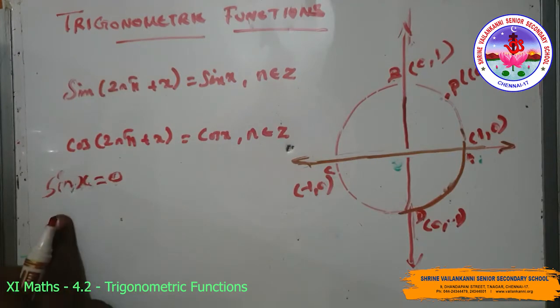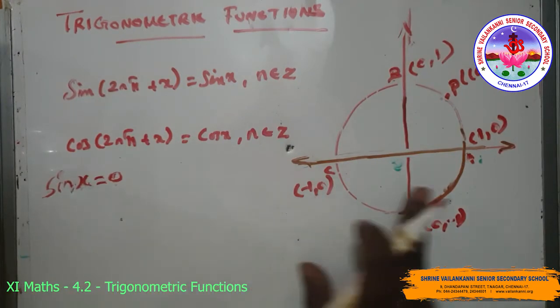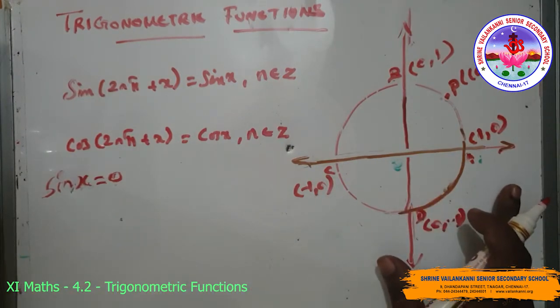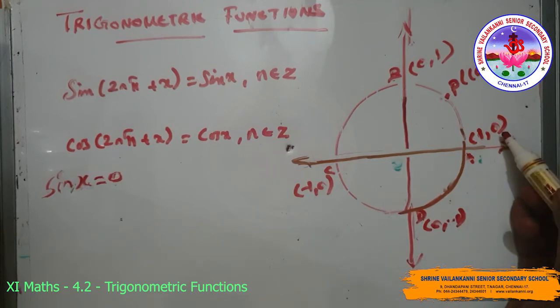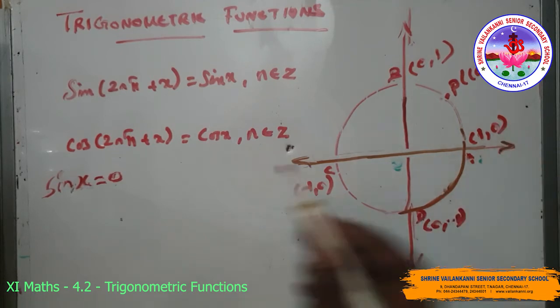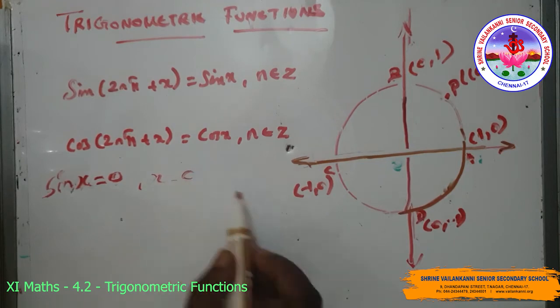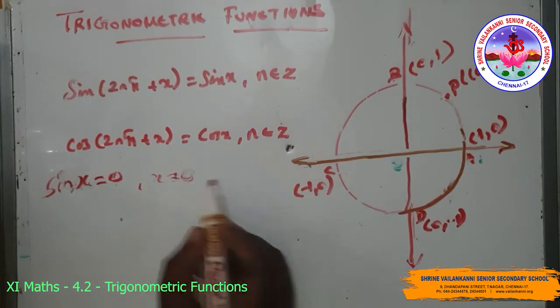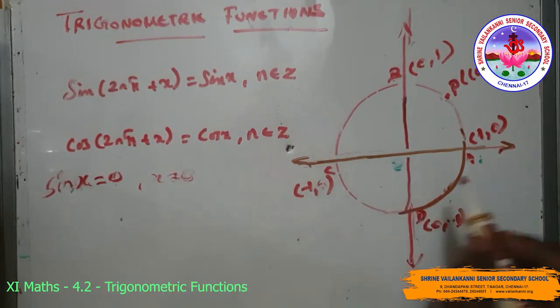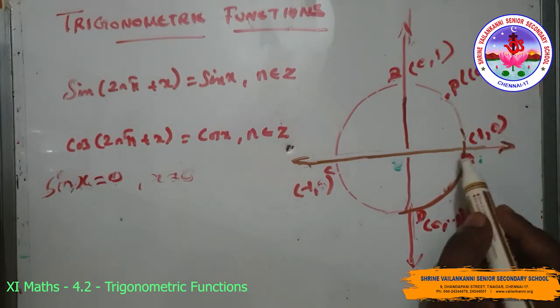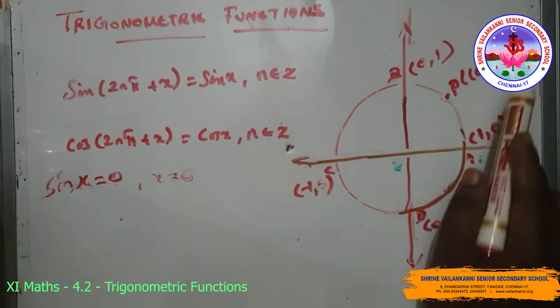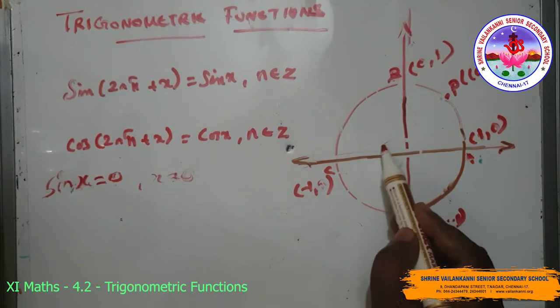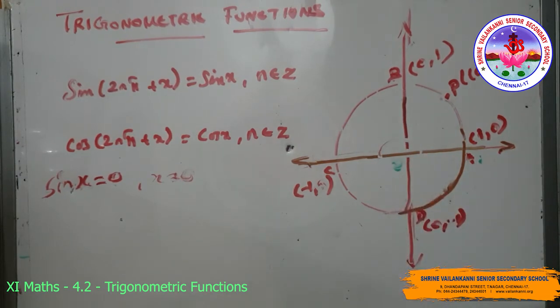So now sin x is 0. Wherever sin x is 0, we have to find x. When x is equal to 0, and when x is equal to pi, the coordinates are cos x and sin x. So when x is 0, we get sin x is 0, and when x is pi, sin x is also 0.